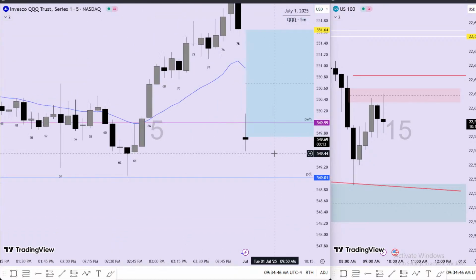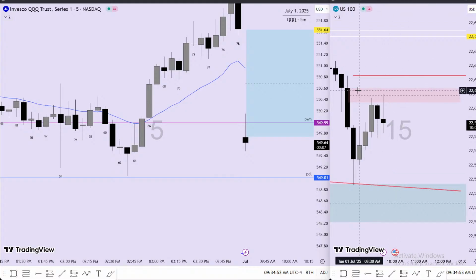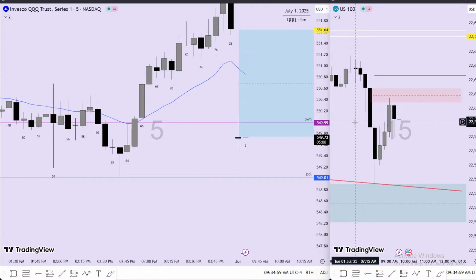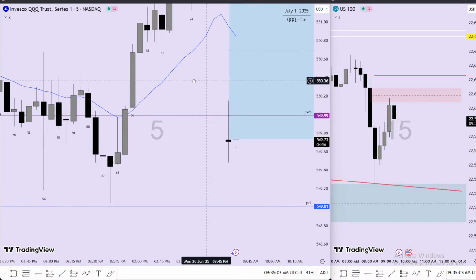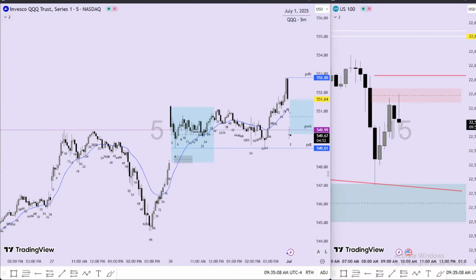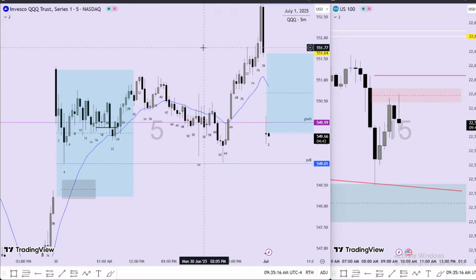We are failing to close above. The first bar is a doji bar within the context of this range.